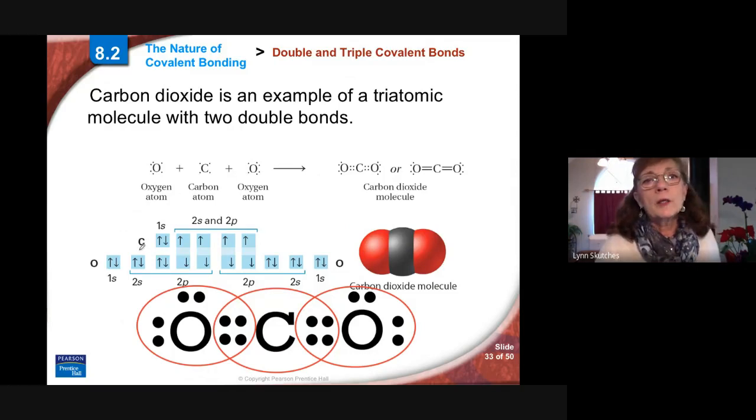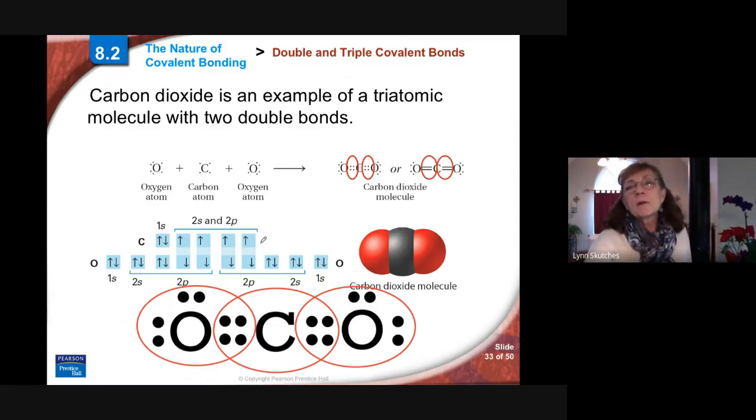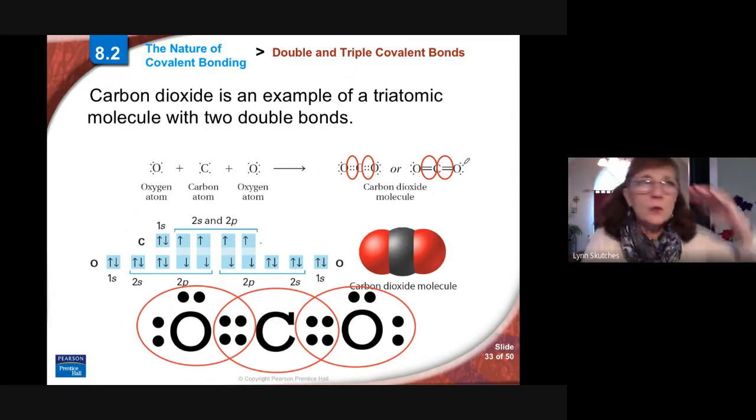So again, carbon has 4 unpaired electrons, and it will form a double bond. And there's still these lone pairs out here, and notice how they've shifted them sideways. If you have them at 12 o'clock and 3 o'clock, that's fine, or 12 o'clock and 9 o'clock. Totally fine, like this bottom drawing, doesn't matter to me, okay?